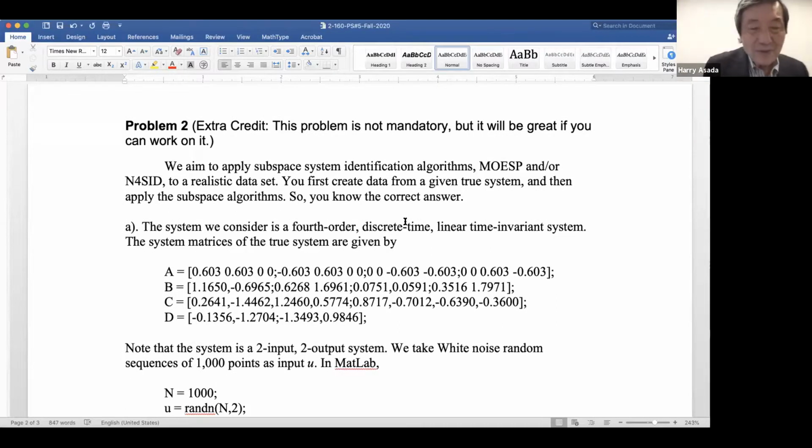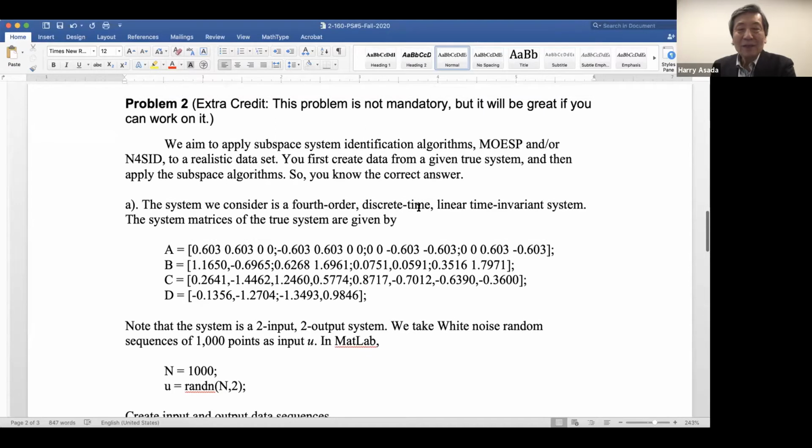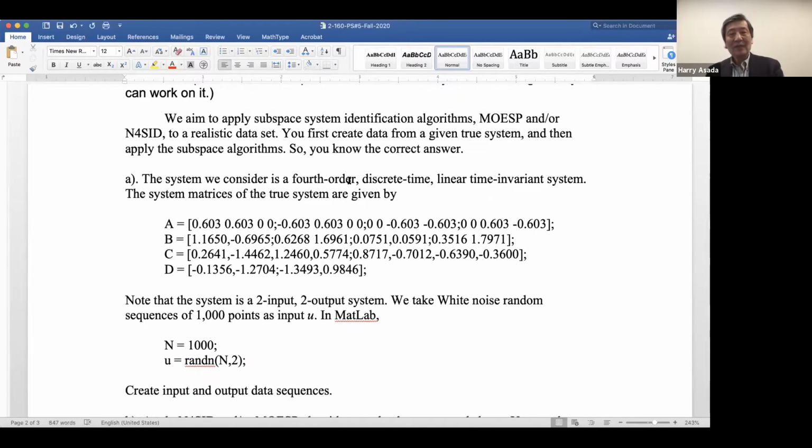Problem 2, at the end, I decided to put in this extra credit problem. It's not mandatory, but I highly recommend you do it. This is to look at the subspace identification method, MOESP, or n4sid. What we'd like to do is start by generating the input output data.